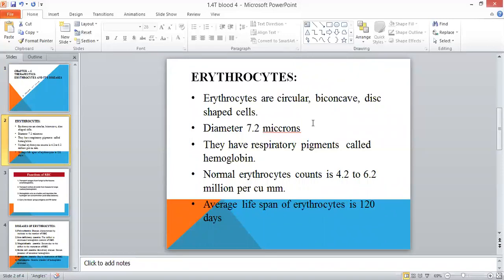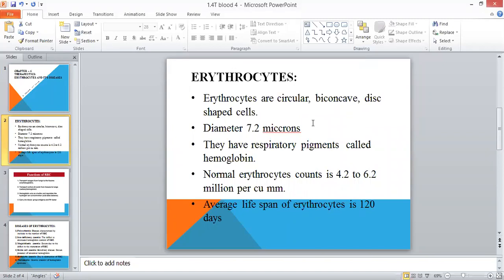In blood, the normal RBC count is 4.2 to 6.2 million per cubic millimeter. RBC are produced in the bone marrow of spongy bone, which is present at the end of long and short bones.